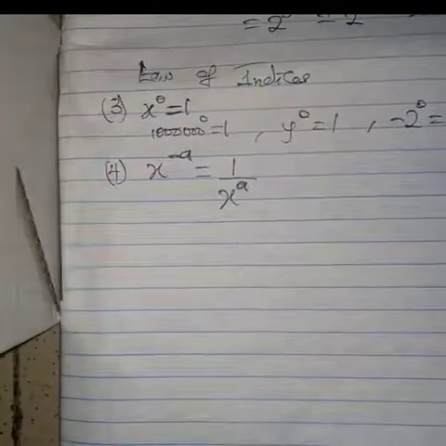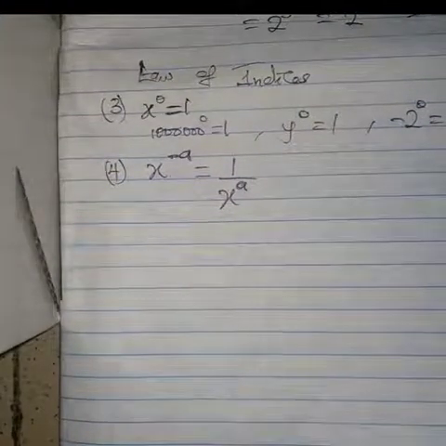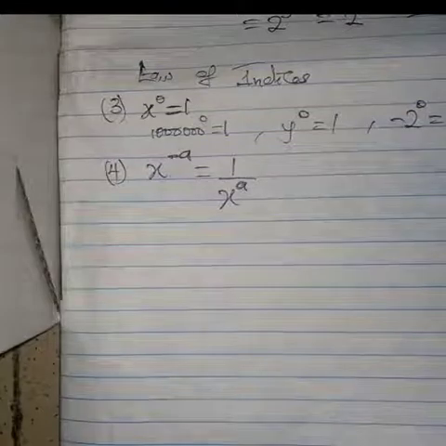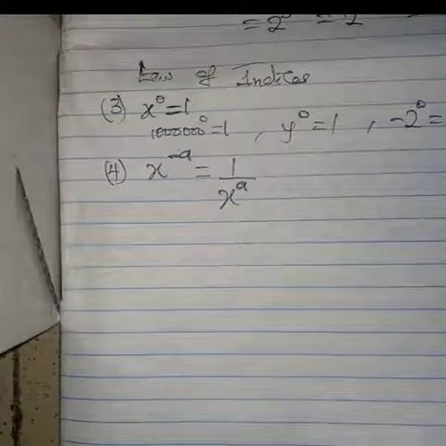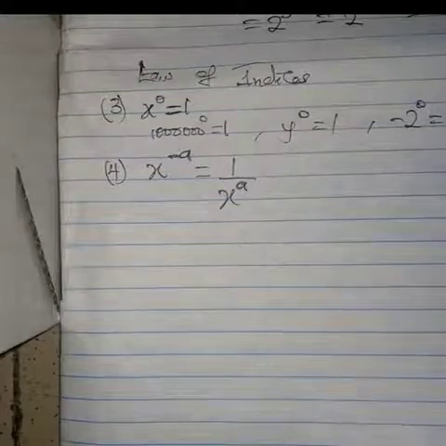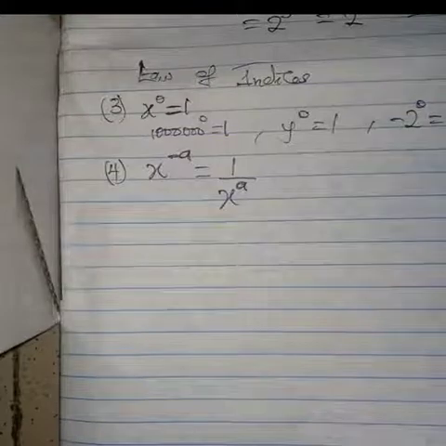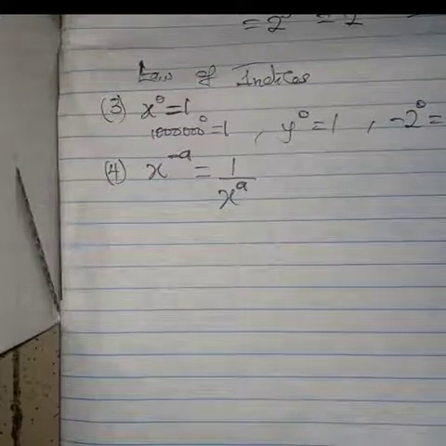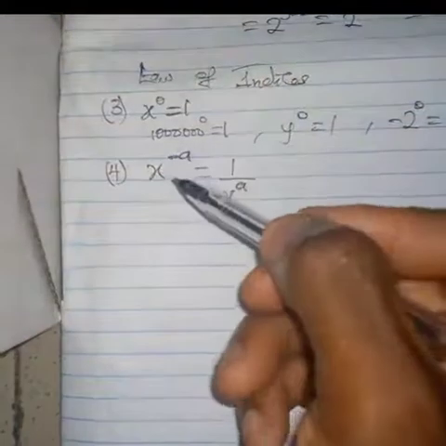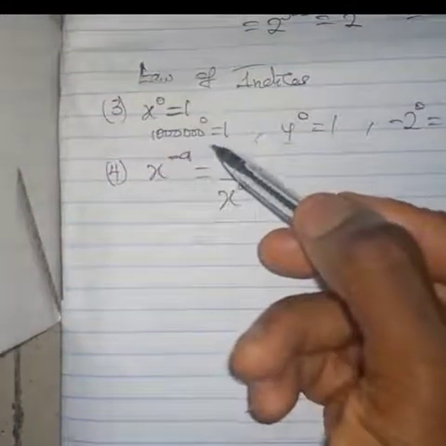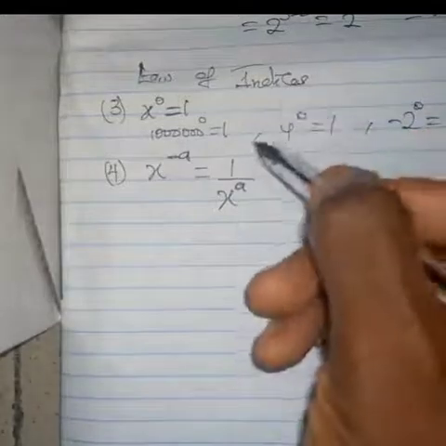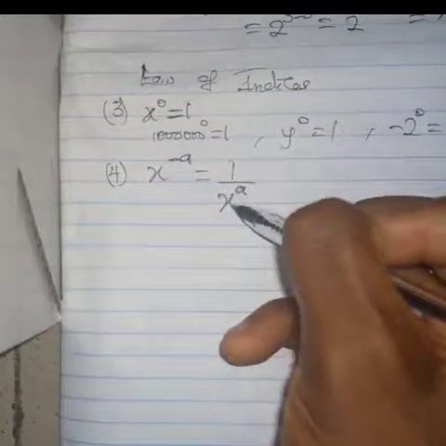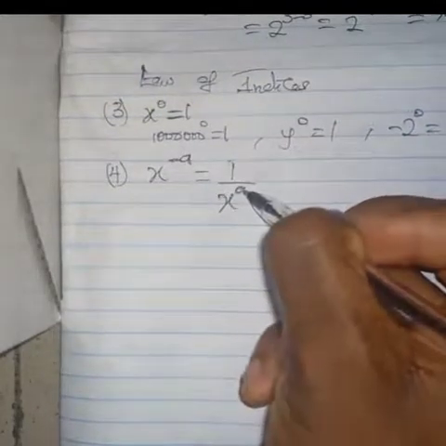Why is it so? Because it's been proven. There are proofs to this, right? But the most important thing you just need to get from this video is this. Whenever you see an expression that looks like x raised to the power of minus a, all you need to do is observe you have 1 all over x raised to the power of a.